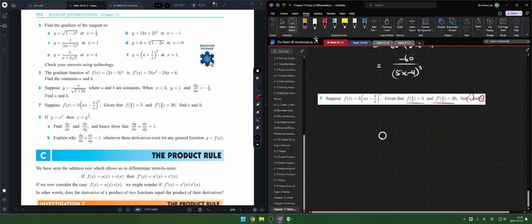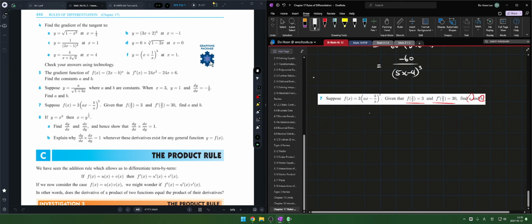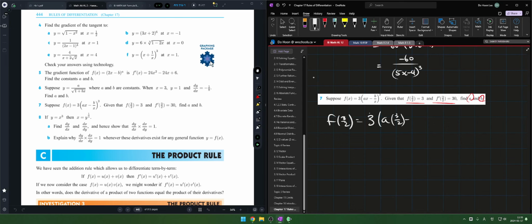So let's do f of 3 over 2 first. f of 3 over 2 is equal to 3 times a times 3 over 2 minus b over 3 over 2, all cubed. Okay, that looks kind of weird.